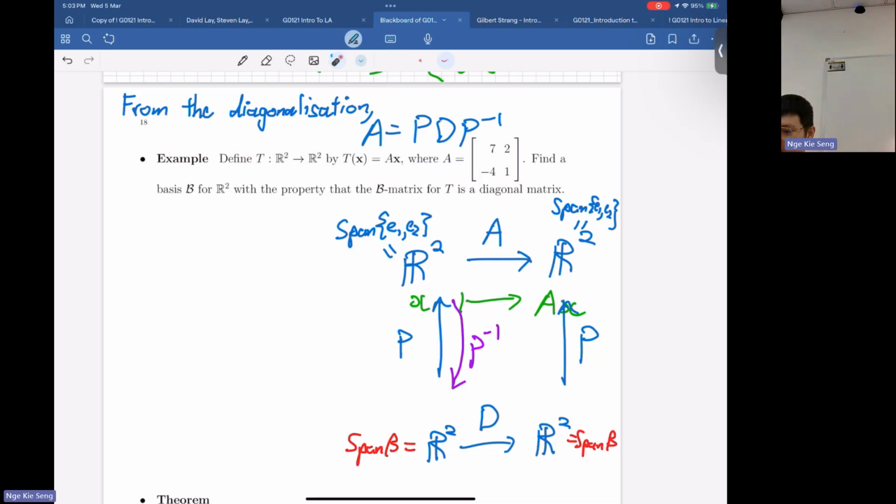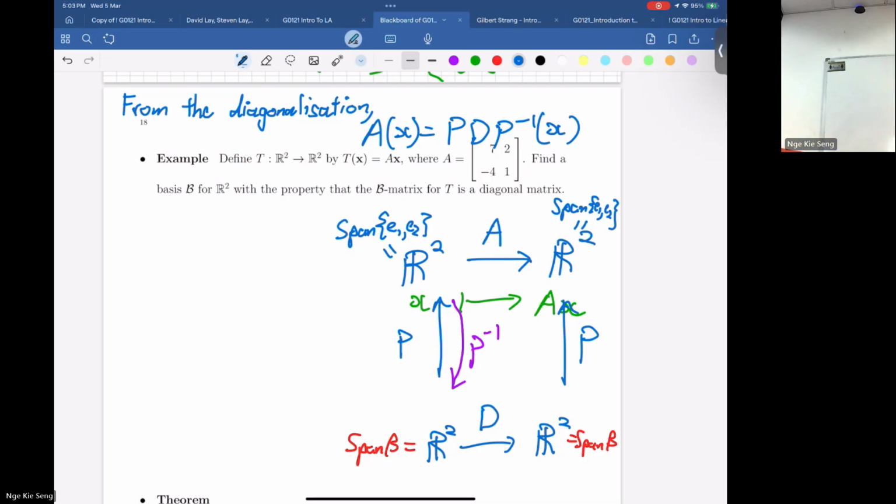Let's start with P first. If you're going to apply A to some x, shouldn't you do P inverse x first? No. You should do the rightmost first, like function composition. For f of g, you need to apply g first and then apply f.